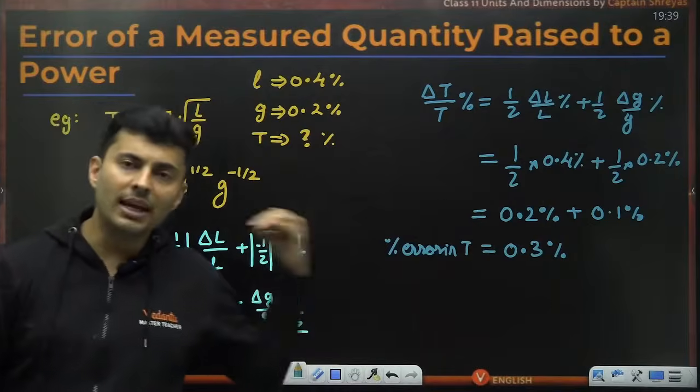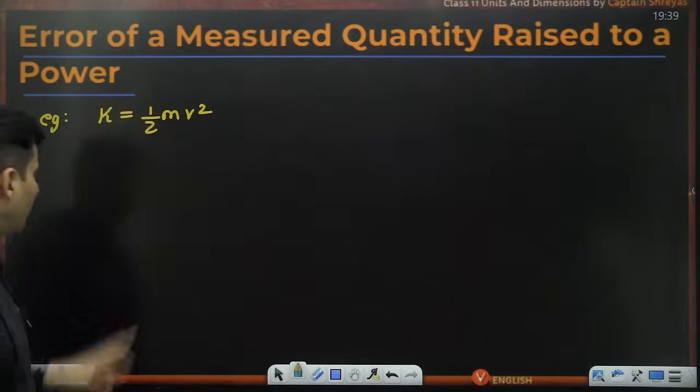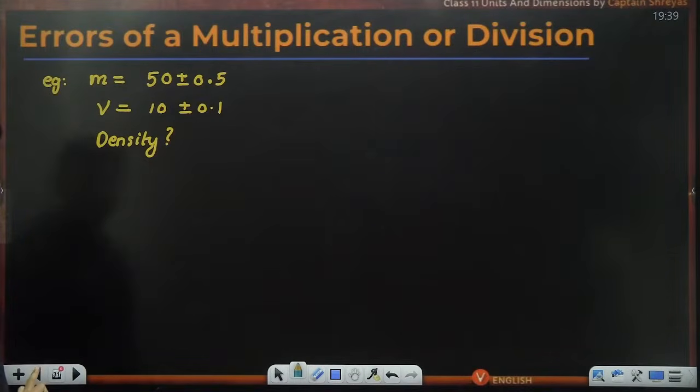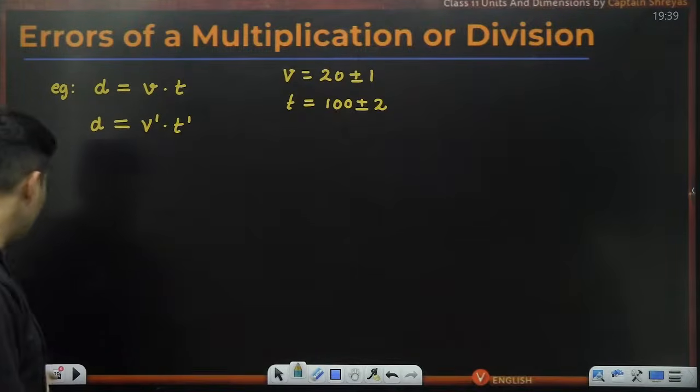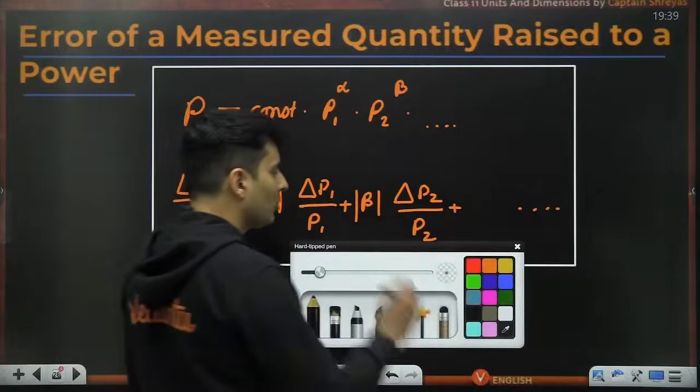That's how you can solve any question, whether it has got roots, whether it has got some powers, whether it is some division over here, or whether it is some kind of multiplication. Everything you can use this formula. But keep in mind, there is only one catch.